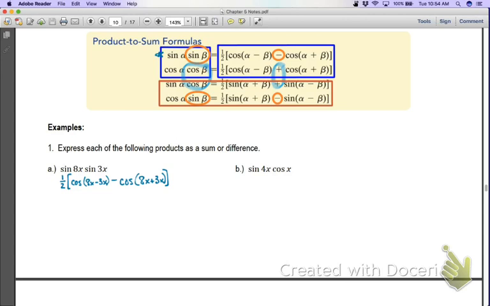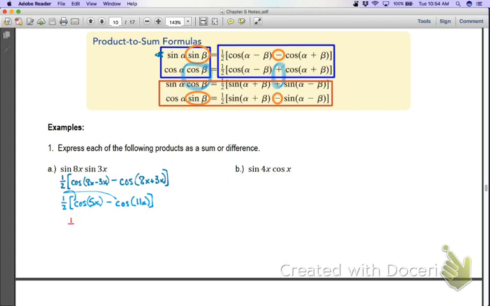It's really up to you how much you want to do. If I rewrite it as 1/2 of cosine of 5x minus cosine of 11x, and then distributing that 1/2. If you want to distribute the 1/2 at the beginning, that's completely fine.